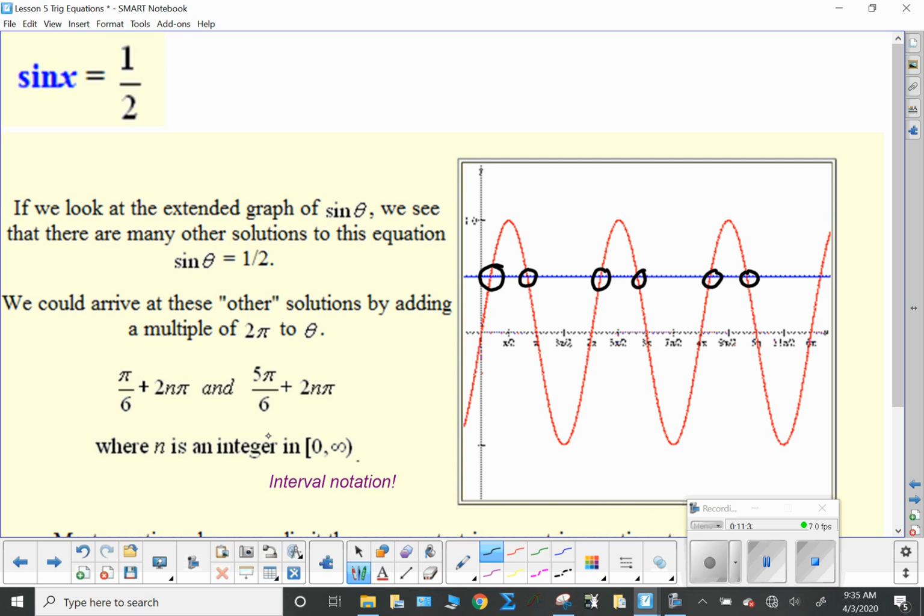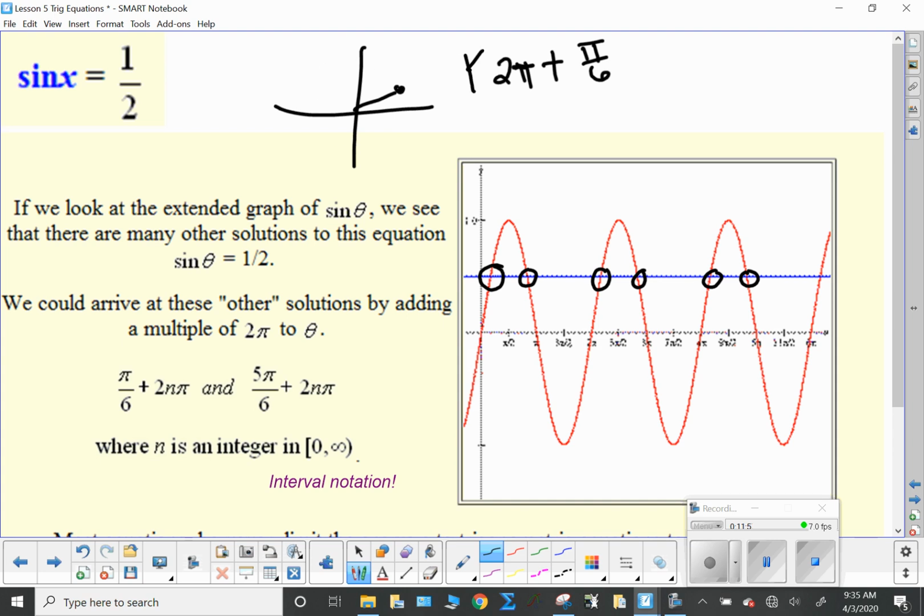If I want to know every place, then what I'm going to do is say at this spot, and then if I go all the way around, what is all the way around? 2 pi. So I've got 2 pi plus pi over 6, but wait, can I go around just once? No, I can go around and around and around and around.